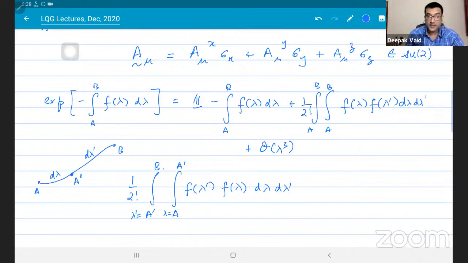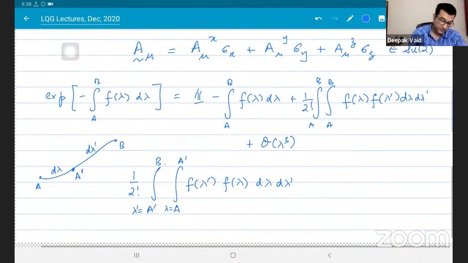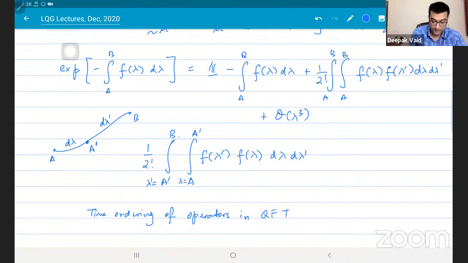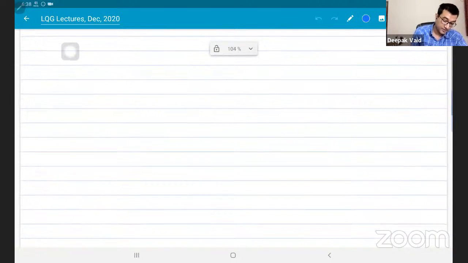So this is just like a time ordered exponential, right? Remember that in quantum field theory, when you have a time ordering operator, time ordering of operators in QFT, right? So let me do that on the next page.